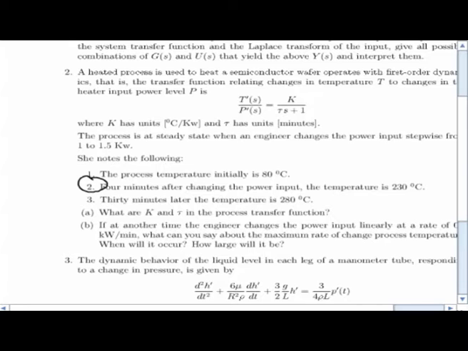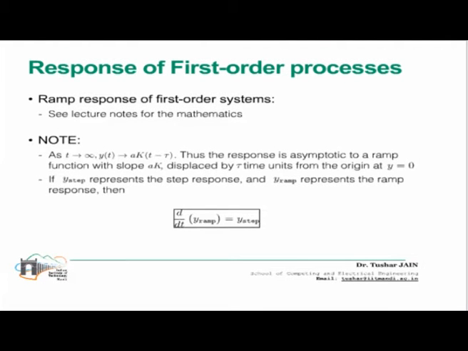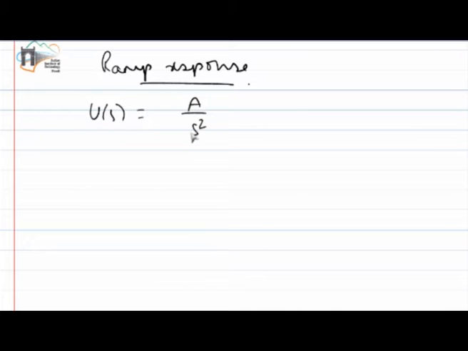Okay. So I will leave this B part for you to solve by yourself, and we could proceed further. In this lecture, the ramp response of a first order system, so that you will be able to do that part of the assignment. So now recalling that the transform of the ramp input is a by s squared.